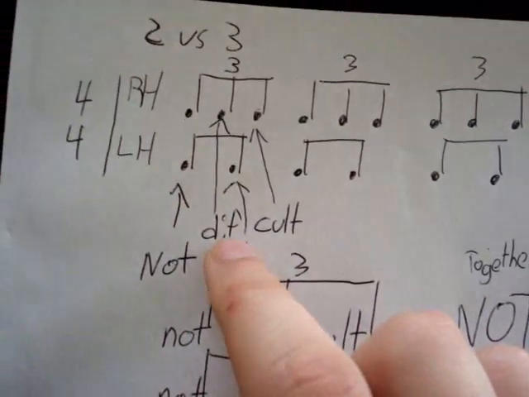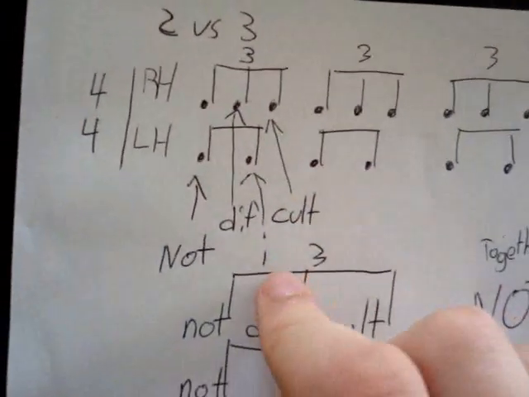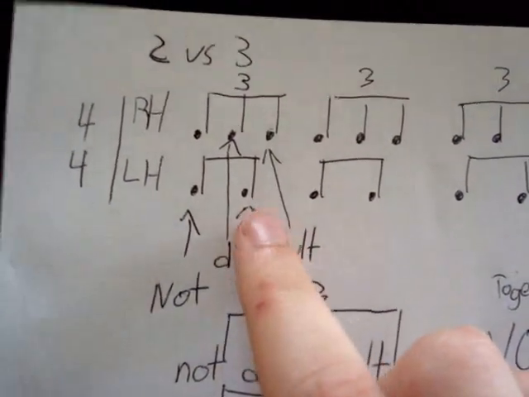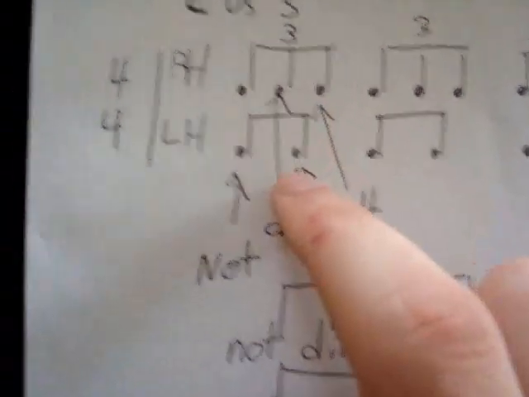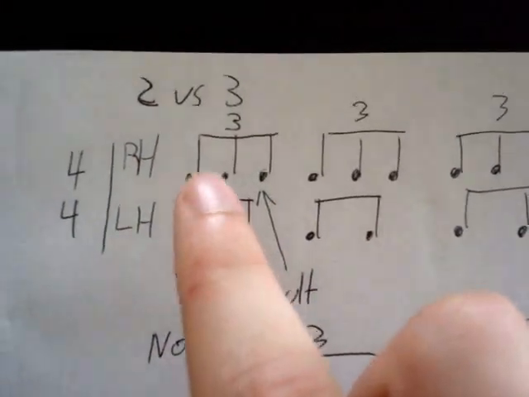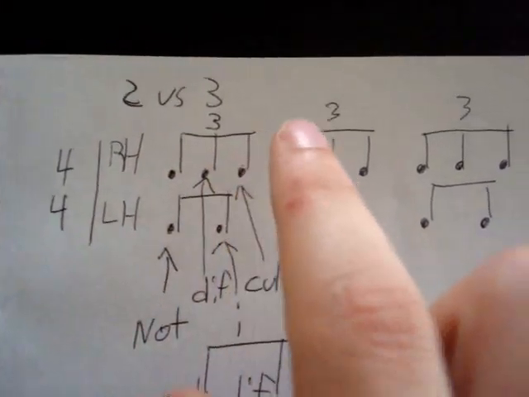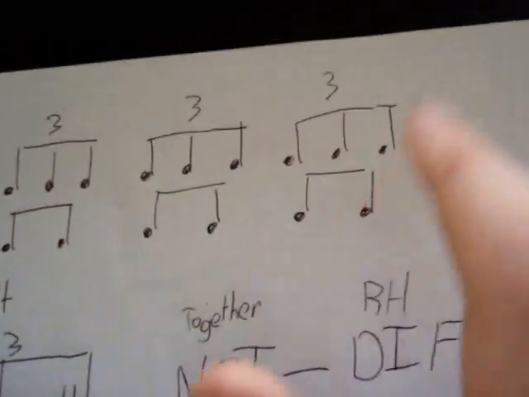Then when you say "diff," you're going to play the next triplet. Then you say "eh," and you play the last eighth note on the bottom, and then "cult" goes with this. So it's going to go not difficult, not difficult, not difficult, over and over.